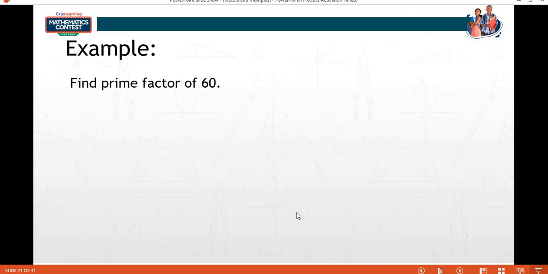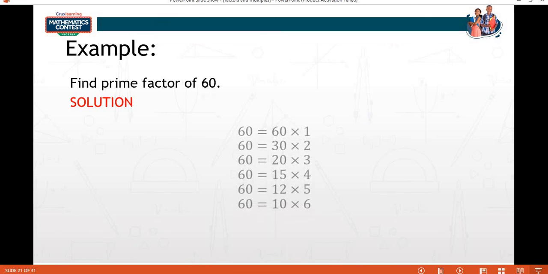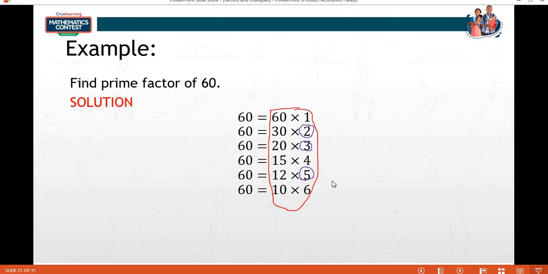So let's look at examples. Give me the prime factors of 60. First, you find the factors of 60. I use the multiplication method: 60 times 1, 30 times 2, 20 times 3, 15 times 4, 12 times 5, 10 times 6, all giving 60.